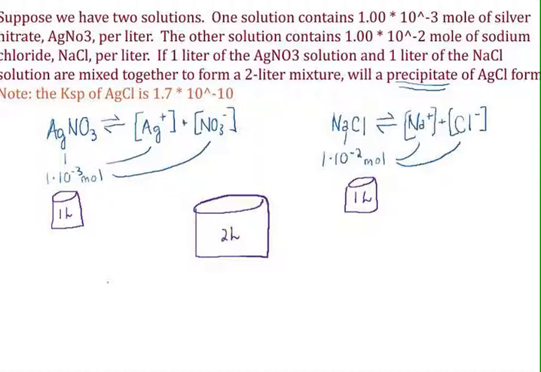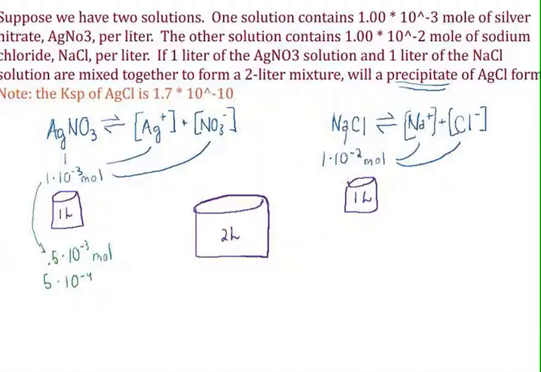So now we're talking about essentially half of this. So 1 becomes 0.5 times 10 to the negative third moles. If it makes you feel better, you can rewrite this as 5 times 10 to the negative 4 moles. You can essentially just move the decimal place over by 1, right?